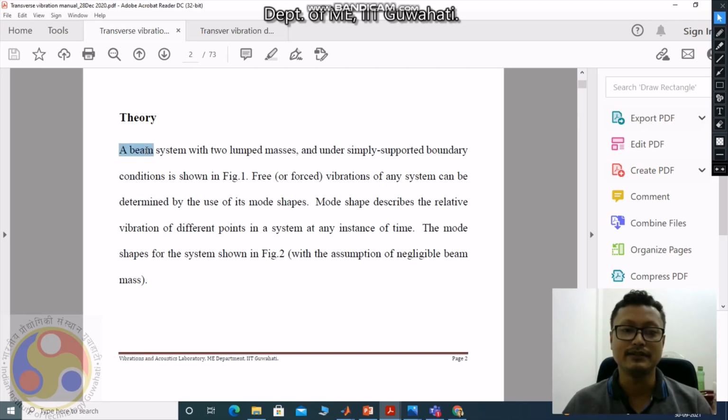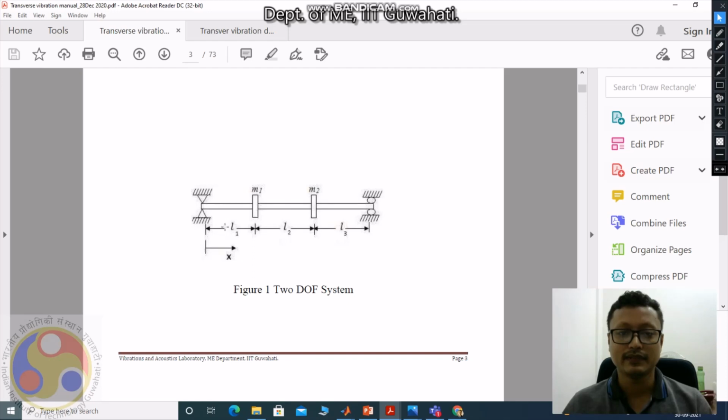This is a beam system where two lumped masses are there under simply supported boundary condition. Then there is one figure. This is the figure, where there is one beam and two masses.